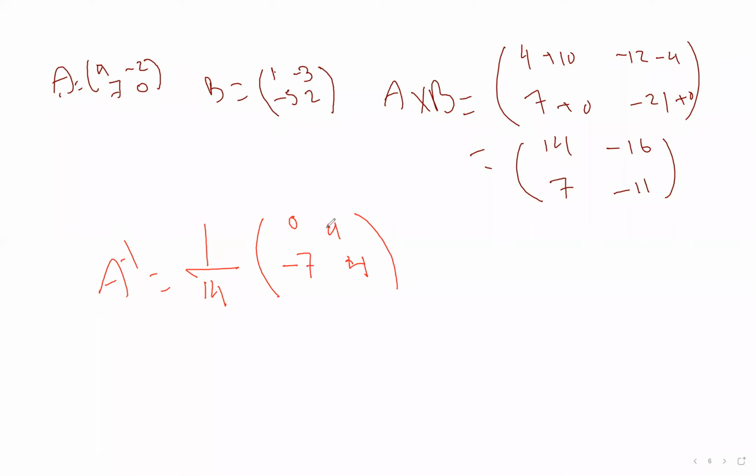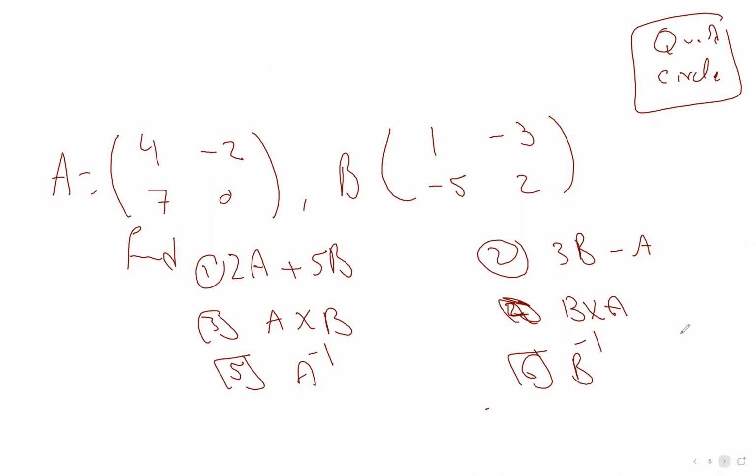Okay, it will be 0, negative 7 over 14, which is negative half. 2 over 14 is 1 over 7. 4 over 14 is 2 over 7. This is the inverse.